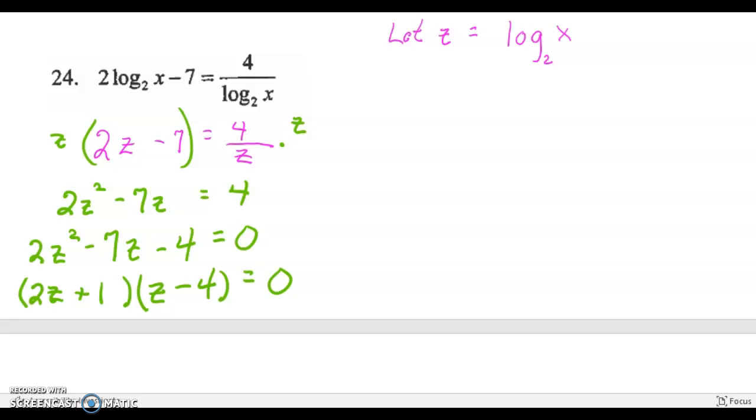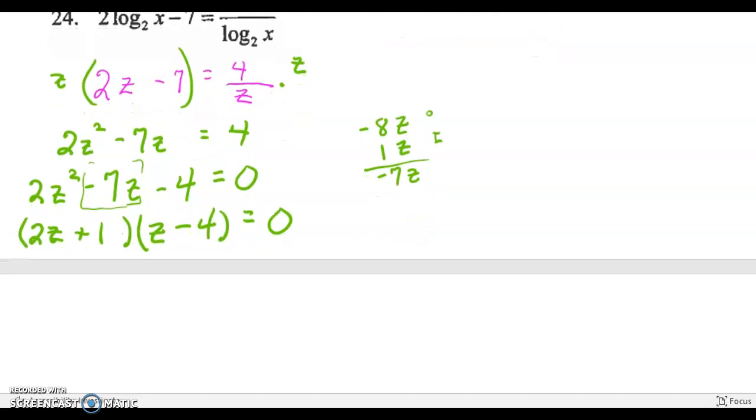Outside is negative 8z. Inside is positive 1z. And together, outside, inside, give me negative 7z, which is what we want in the middle term. That means if we set our factors equal to 0, z equals negative a half and z equals positive 4.